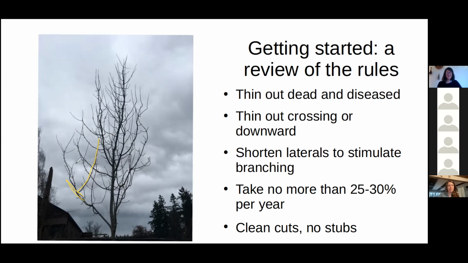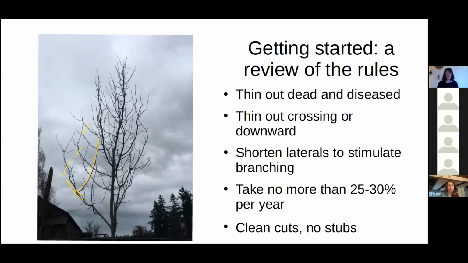In this young tree, you're going to spend a lot of time shortening laterals. So cutting here, perhaps cutting here, in order to encourage the branches to stiffen up. Another rule of thumb is don't take too much off the tree in 1 year. The more you cut, the more shoots get produced, and it can also be quite stressful.